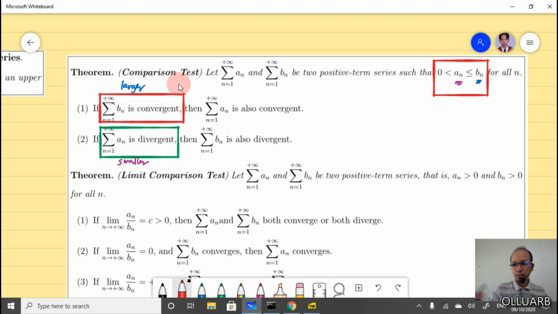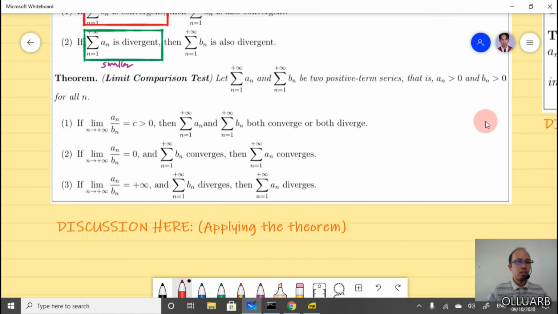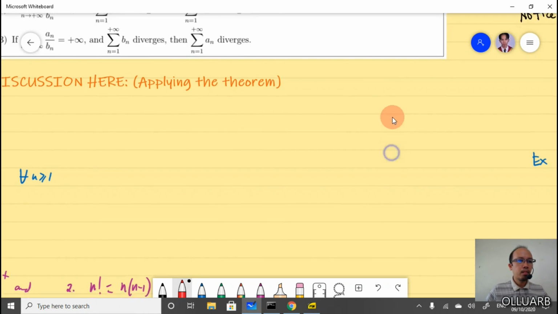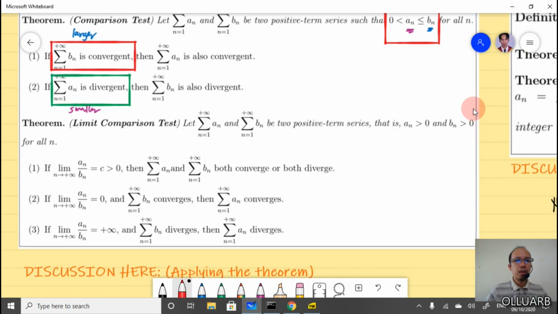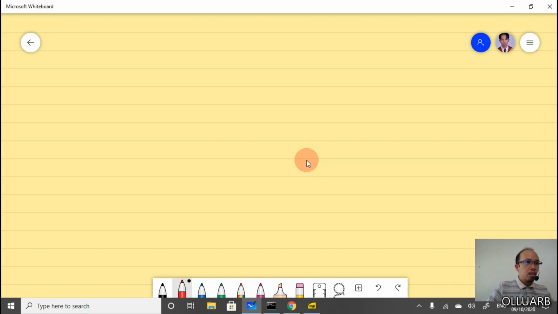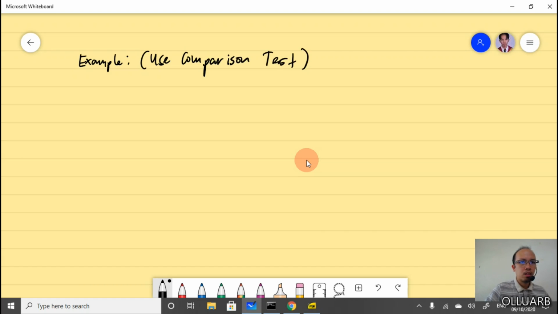Okay, so let's have an example here, an illustration.